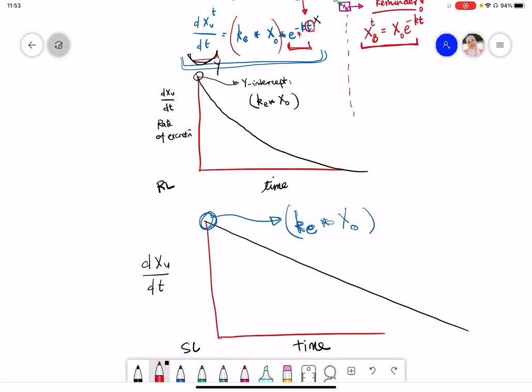Just be careful in these kinds of profiles that we are talking about excretion here, and we are talking about the rate constant of excretion in the intercept.